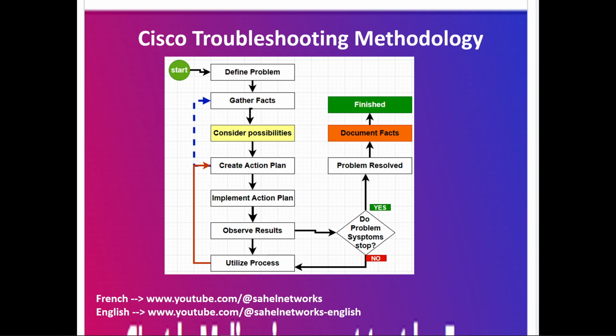Define the problem. What is not working? Be precise. Meaning, when you have an issue, ask yourself what is exactly not working. Your customer might say, my network is broken, people are not working. You will say, what is exactly not working?